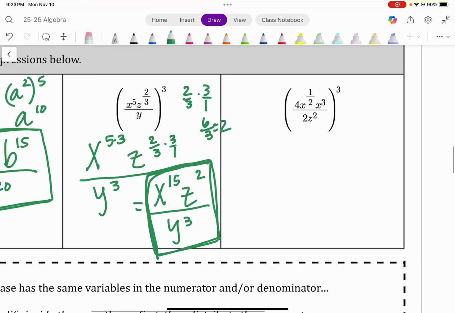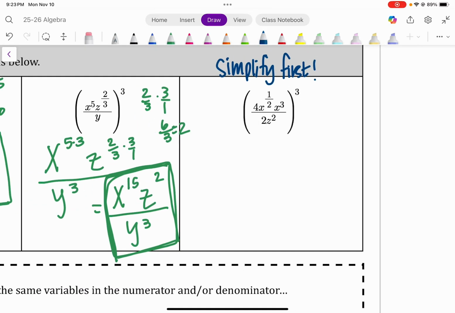Okay, next we can simplify first or we can distribute first. It doesn't really matter. I like to simplify when I can. So, 4 over 2 will simplify to be 2. And then I have x to the 1/2 and x to the 3rd.